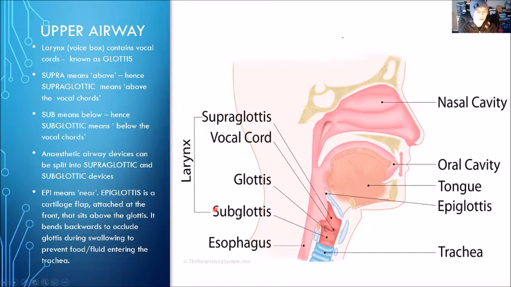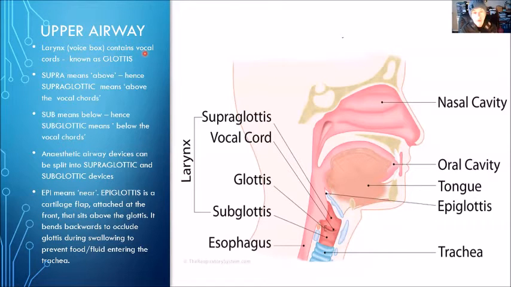We've got it divided into several parts, but the one that I really want us to focus on is the term glottis. So let's move to the left of our slide here. The larynx is also known as the voice box, as part of the upper airway, which contains the vocal cords.